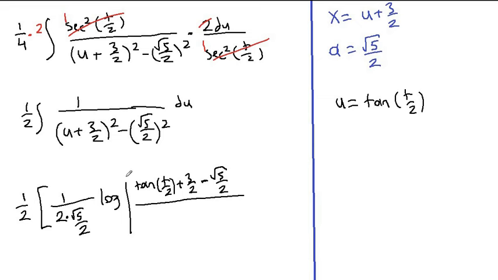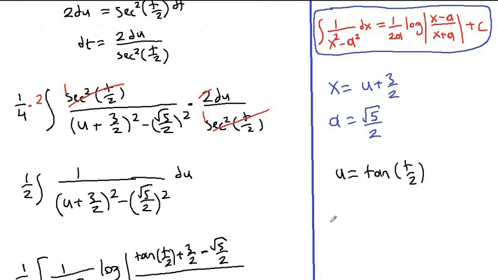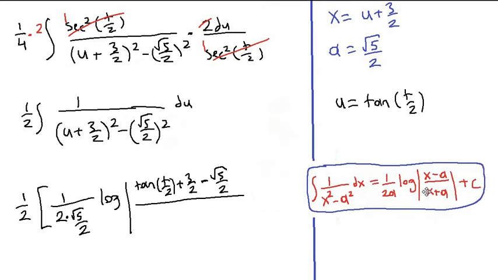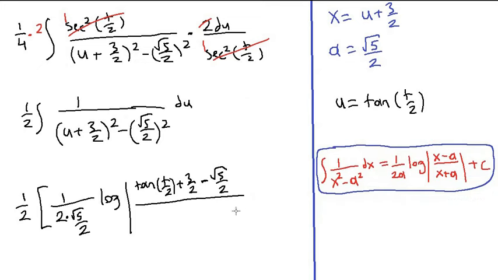And we have x plus a. Let me copy the formula so we can directly see. So x minus a, now x plus a. Our x term is u plus 3 over 2 and u is tangent t over 2 from our u substitution. Tangent t over 2 plus 3 over 2, and the x part is done. Now plus a.